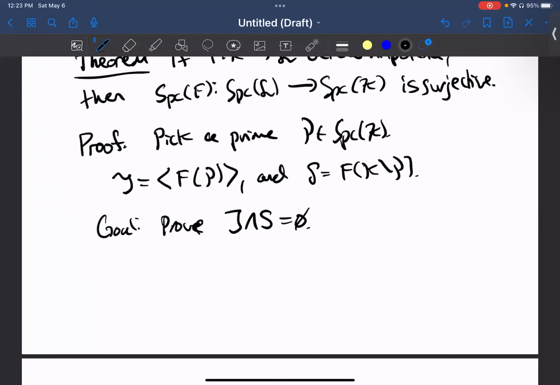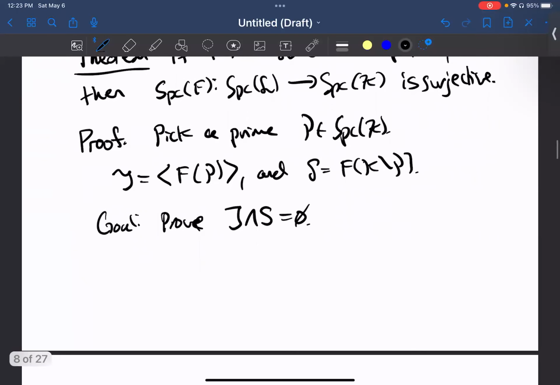Let's show how. So the idea follows this very common idea in tensor triangular geometry, which you might remember from classical algebraic geometry. Why will this work?